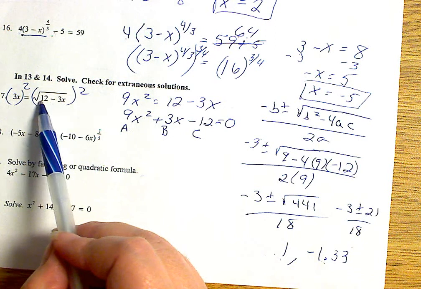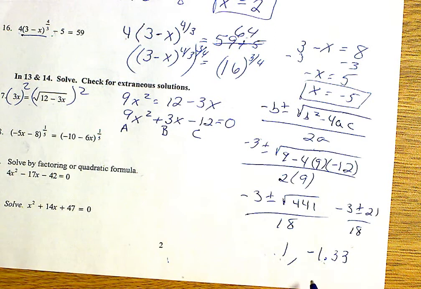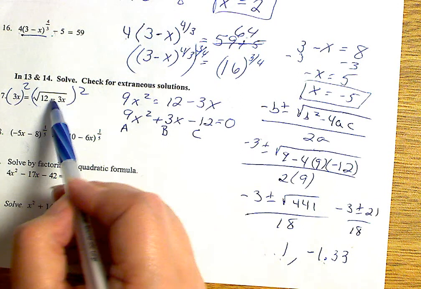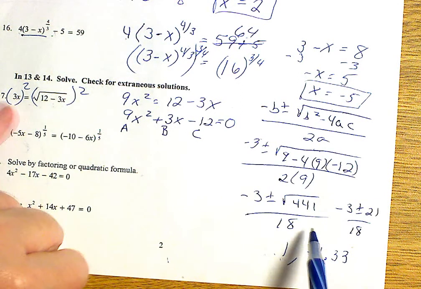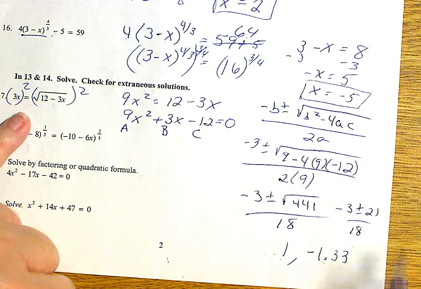Yep, 12 minus 3, that's a positive. If we put a negative in there, we have a negative here. This would make a positive number. But on the other side, 3 times the negative is going to be a negative number. So that's why this one doesn't work.